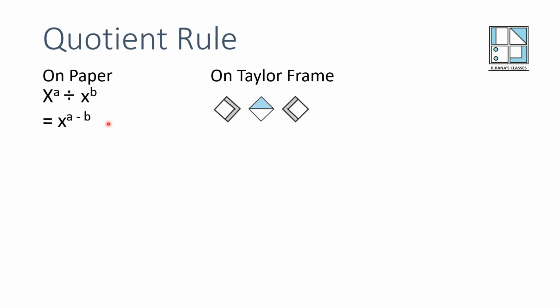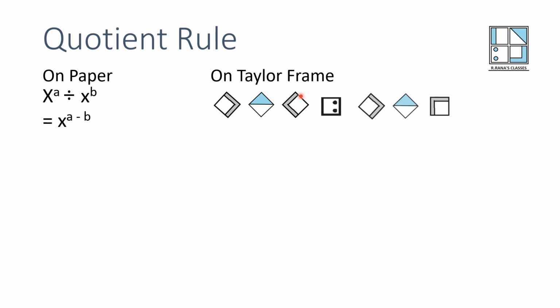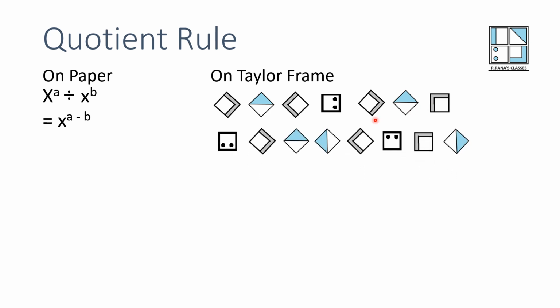On Taylor frame, x raised to power a divided by x raised to power b is equal to x raised to power, again within brackets, bracket opened, a minus b, bracket close.